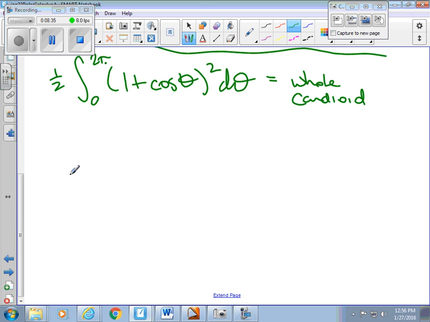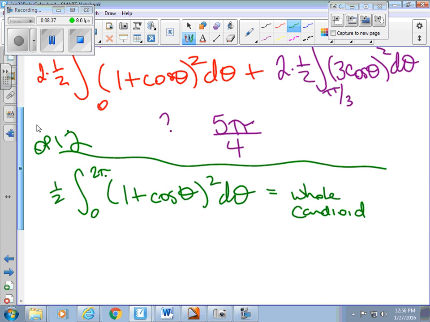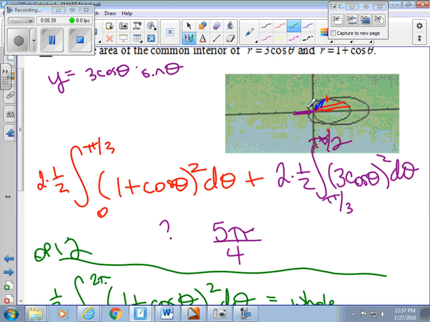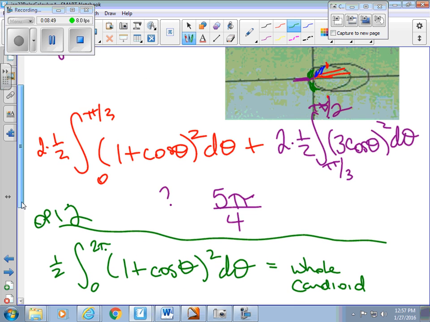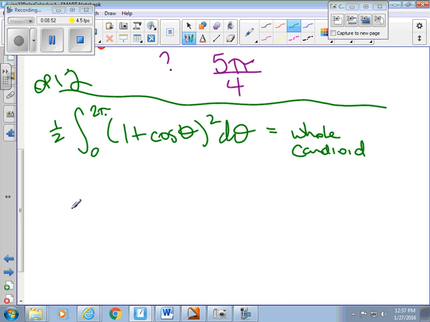Then I found the area of these little guys here. I only found the area of one of them and then multiplied it by 2, but you could do that either way.